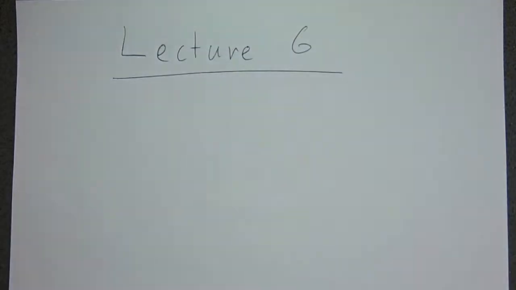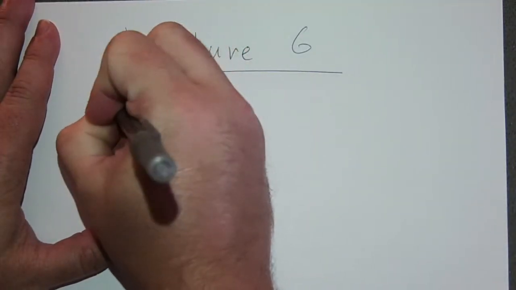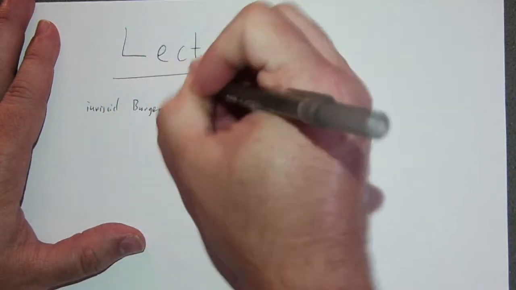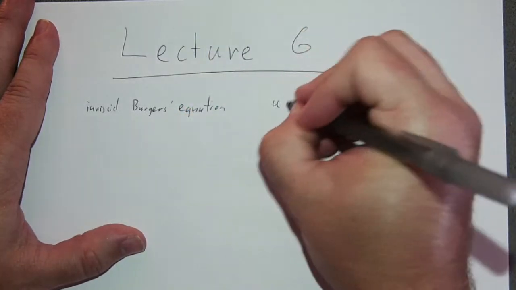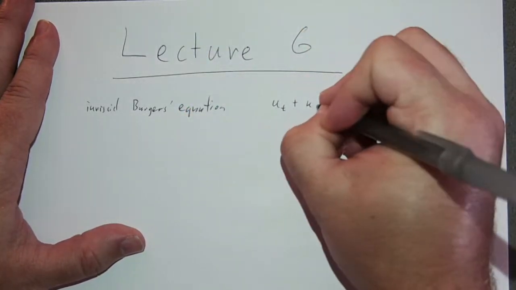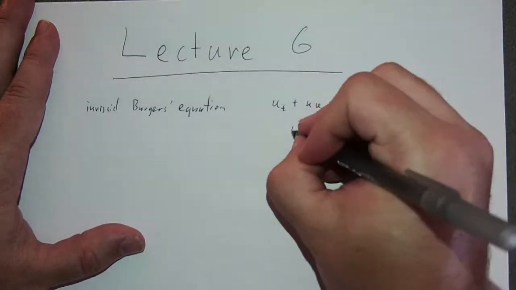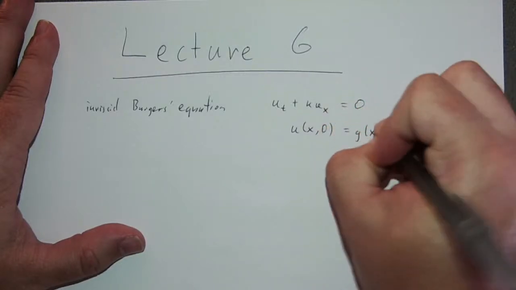All right, maybe I'll just rewrite that. This is u sub t plus u u sub x equals 0 with initial condition g.